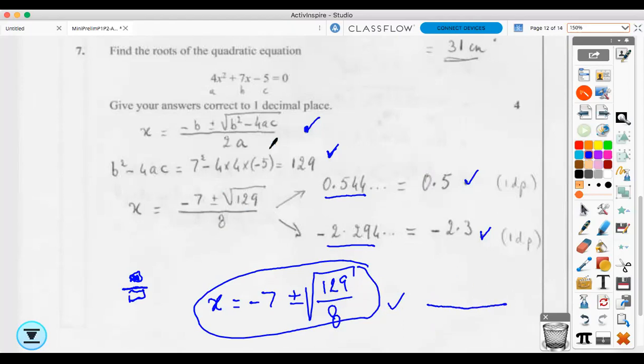Just the same way you've copied it, -7 plus and minus root whatever you got. You don't need to put 7 squared minus 4 times 4 times, or someone forgot to put the brackets. To make it simpler for you, that is easy to write and then to plug in your calculator. That is a no-go.